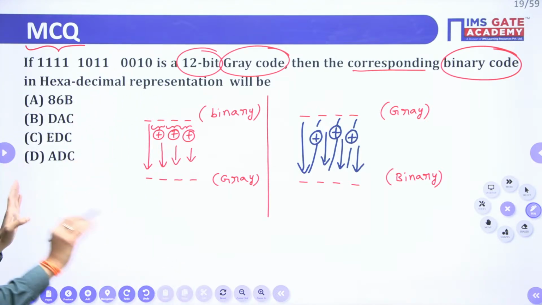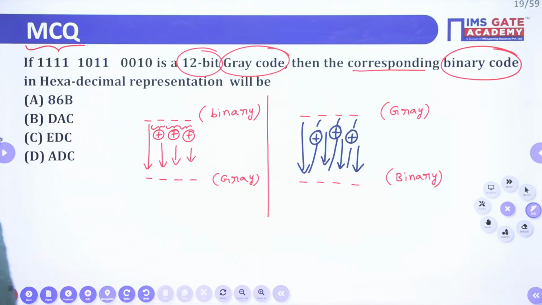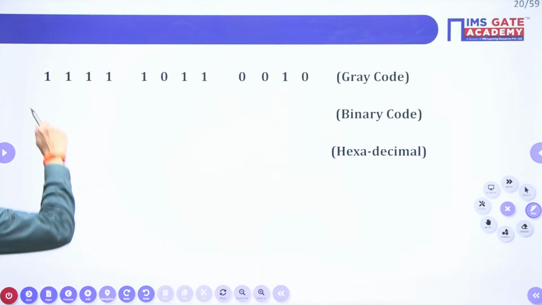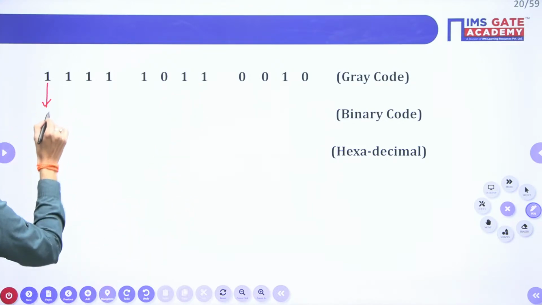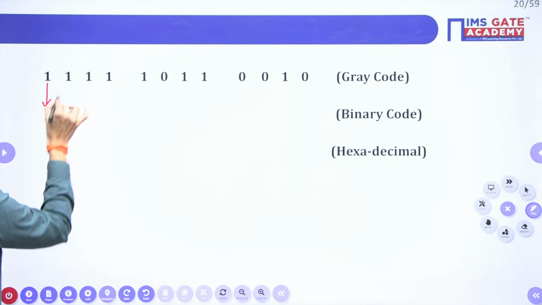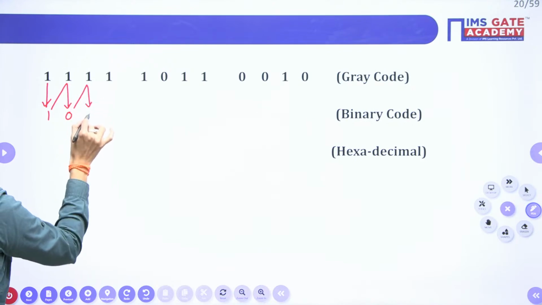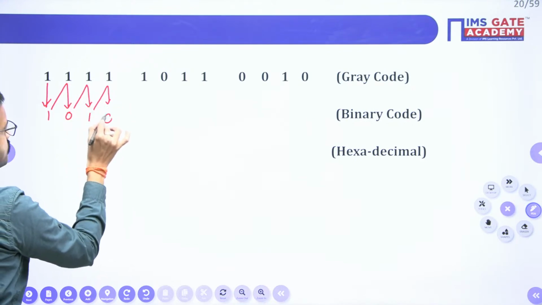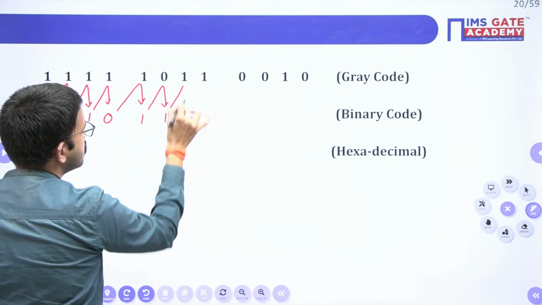Now with this understanding, this question is regarding gray to binary. Whatever the given 12 bits are, I have written here. Now we will copy the leftmost bit as it is. Now we will perform XOR operation like this: 1 XOR 1 is 0, 0 XOR 1 is 1, 1 XOR 1 is 0, 0 XOR 1 is 1, 1 XOR 0 is 1, like that.